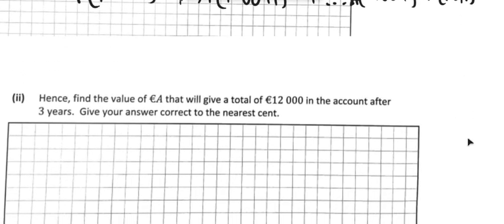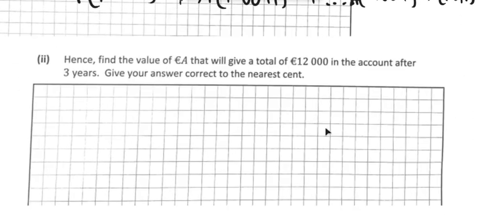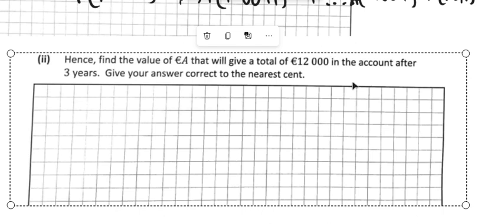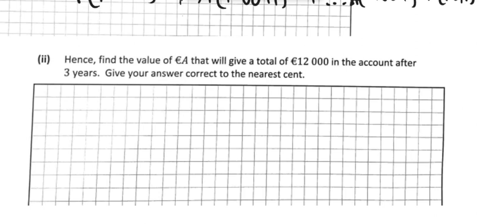So hence find the value of A that will give a total of €12,000 in the account after 3 years. So what we need to do here is we need 12,000 to be equal to the sum of a geometric sequence. So that's the formula that you're using. So it's A, and then big brackets, that one in the log table.